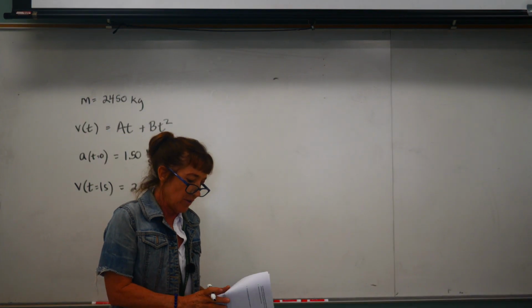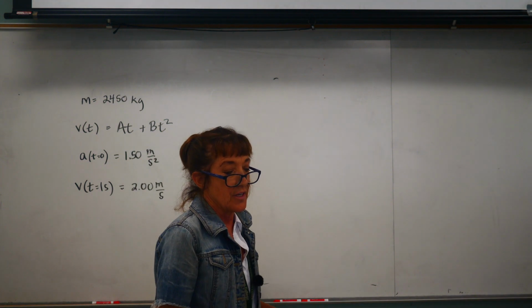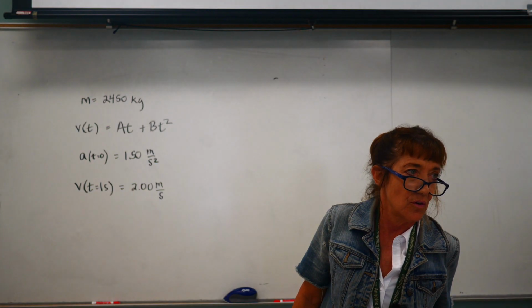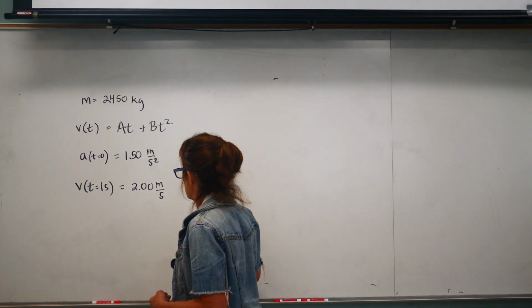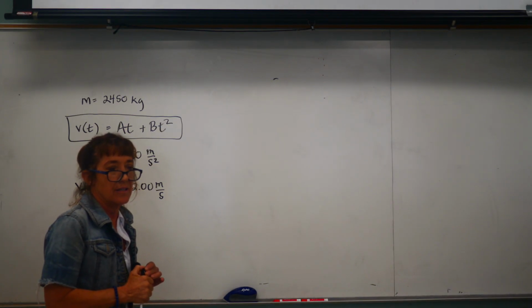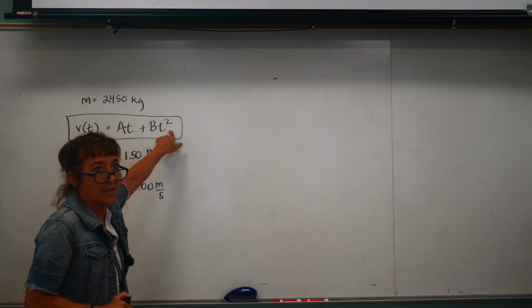Okay, was that a force or was that v of t? Can I use kinematic equations here? Probably not, right? Because of the time squared, that means acceleration is also changing with time.